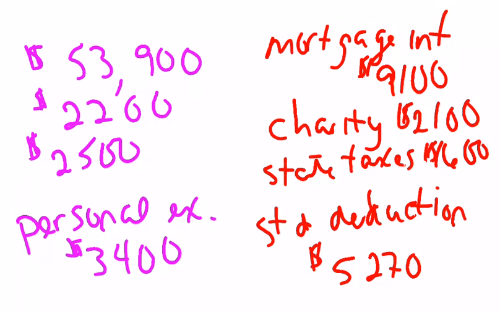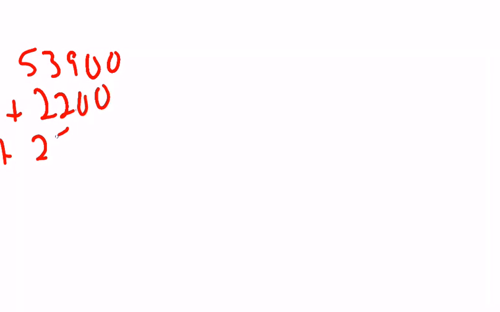So we want to find his adjusted gross income. So to find that, we need to take his gross income, which is everything that he's made. So we need to take the $53,900. We also need to take in the $2,200 he made from interest.